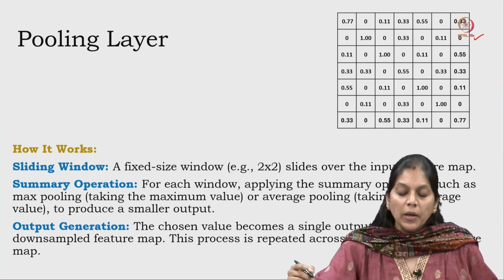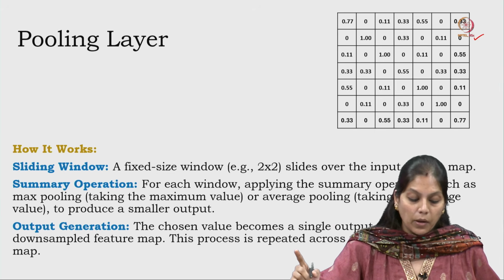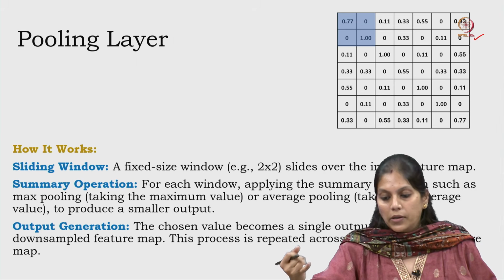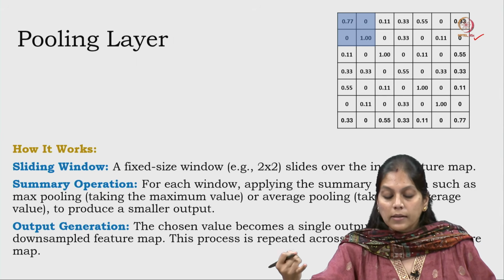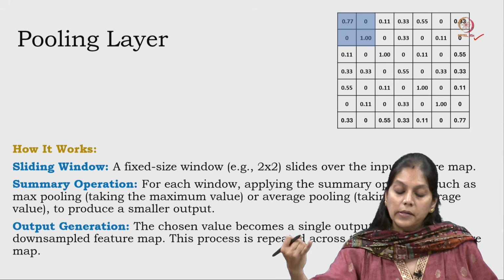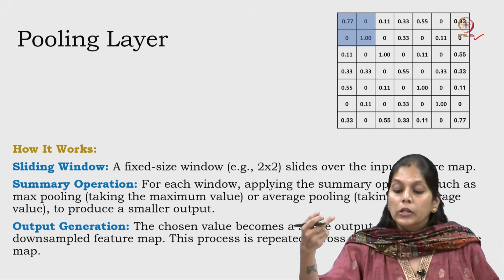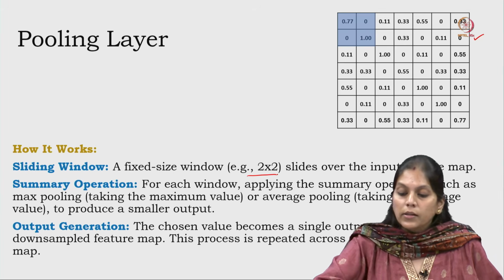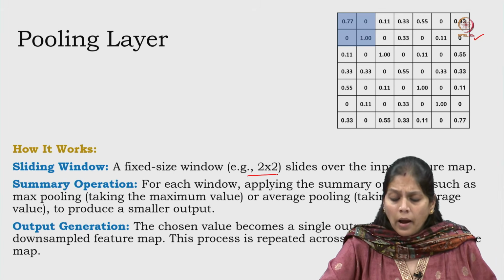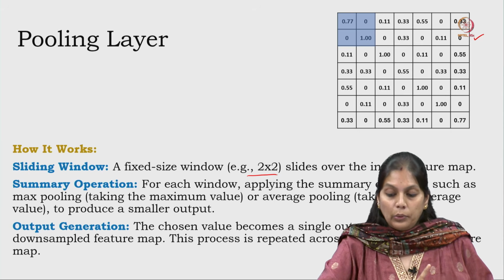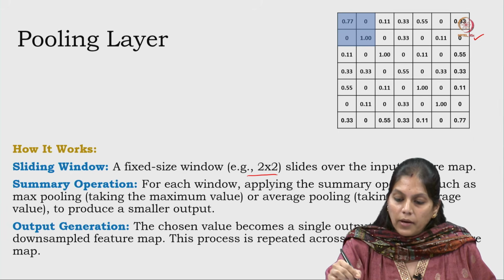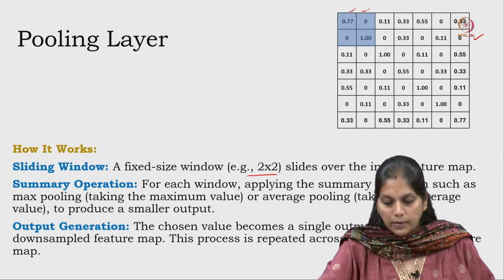What is the pooling? The very first step for a pooling is it requires a window size. So, the first component you need to define is a window size. For this particular example, the window size that is defined is 2 cross 2. Once you define a window size, how many values are we seeing here? We are seeing 4 values.